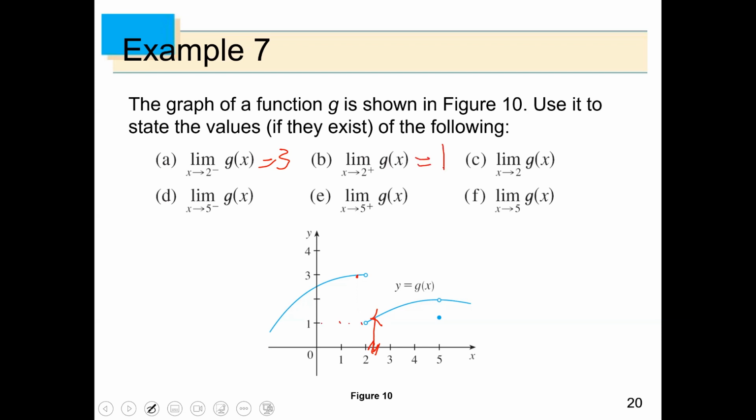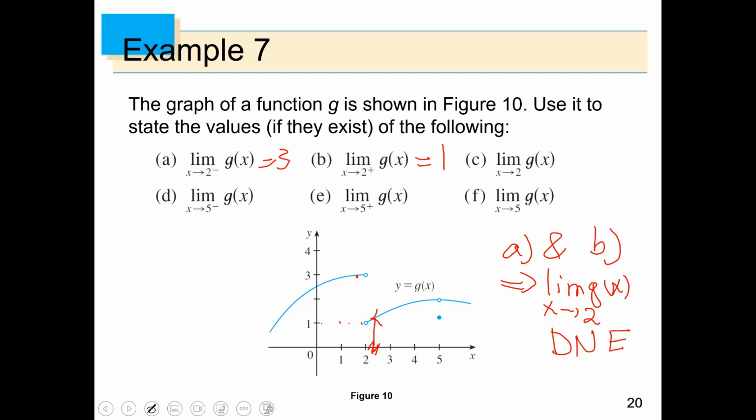And from A and B, we can conclude that the limit of g of x when x is approaching 2 does not exist. I will write it in short to say that the limit does not exist. I write it for the first time like that, then later you will understand that D and E do not exist.